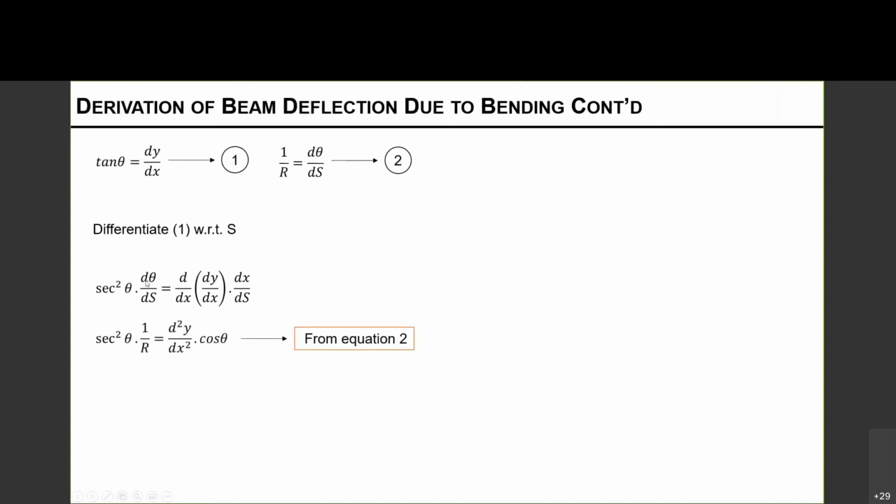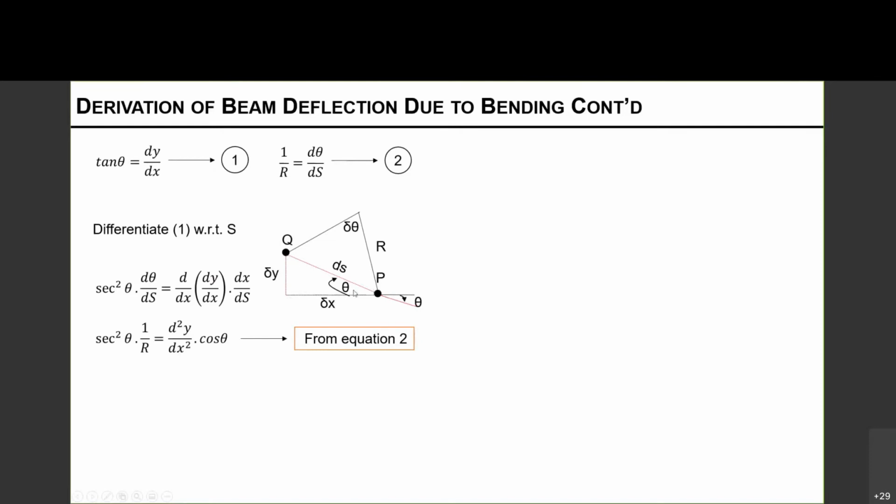So d theta over ds is replaced by 1 over r coming from the second equation. Okay, that equals d squared y over dx squared times, what is this? This is dx over ds. If we refer back to our right angle triangle, this is theta, right? So what is dx over ds?